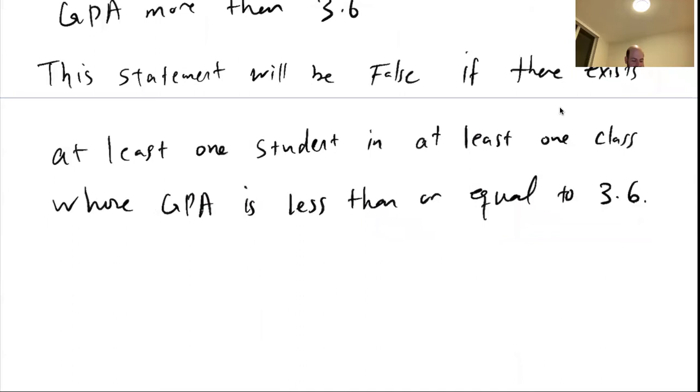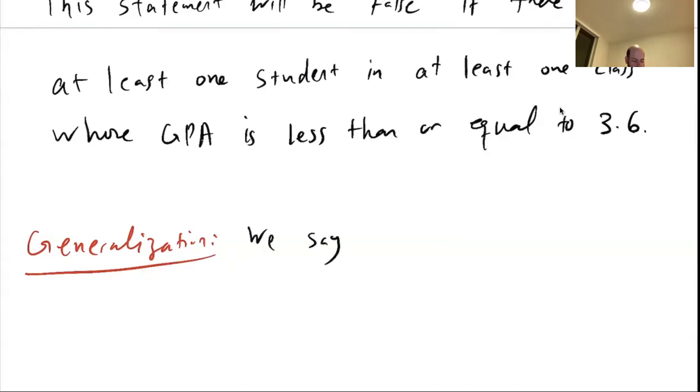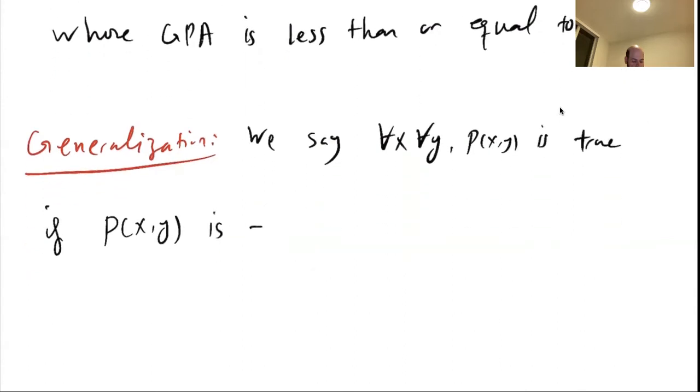So the generalization basically will be, we can say that for each x, for each y, P of x and y is true if P of x and y is true for every pair of x and y.